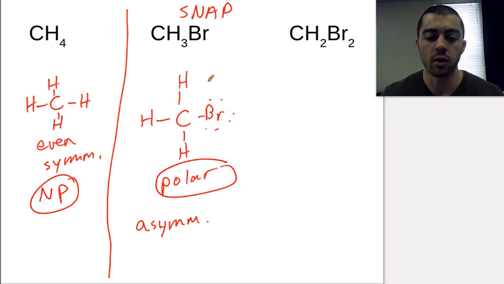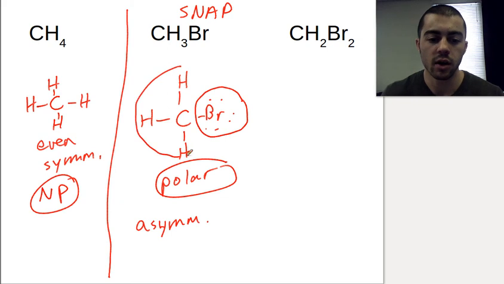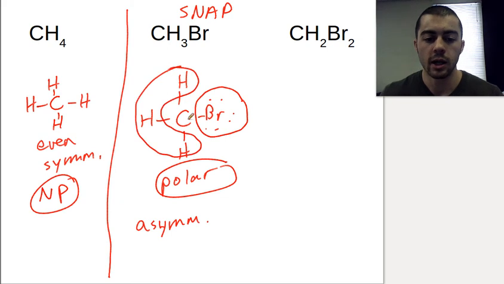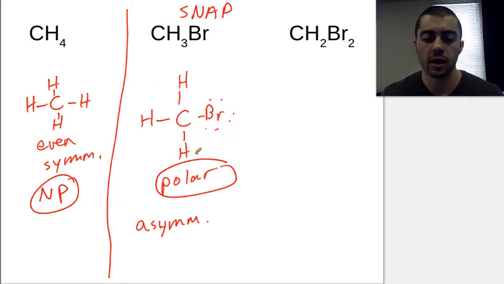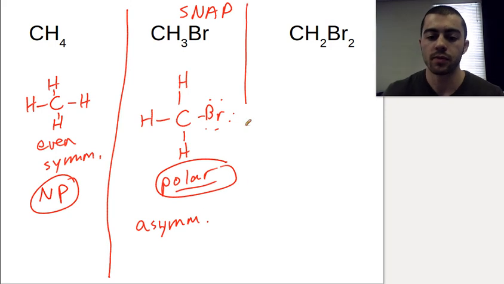Asymmetrical is going to be polar because if there's any way that you can make this uneven, see, we could draw a line of symmetry kind of down the middle here and then this might look symmetrical that way, but the problem is we have an uneven distribution. We have different stuff over here than we do around here. So that's going to make it a polar molecule. If there's any way that you can see that it's uneven, that's going to make it polar.